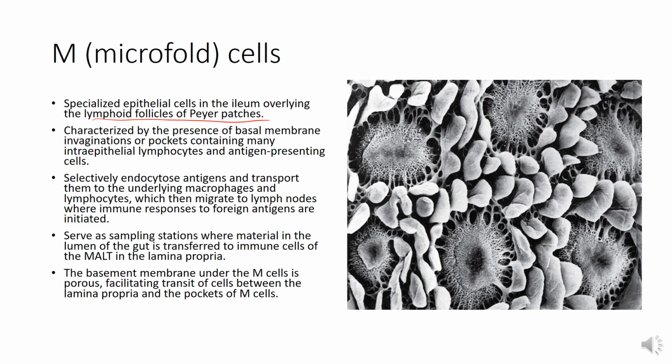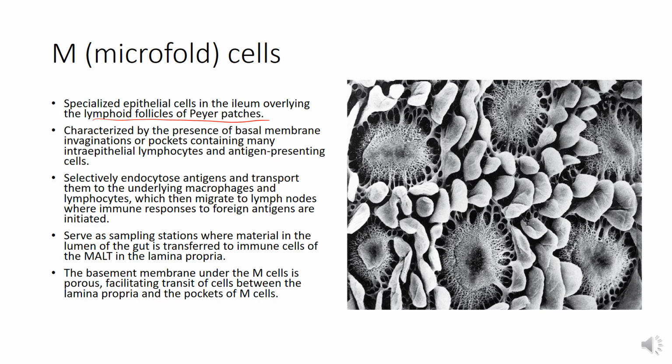Now, when ordinary tissue sections are examined under a light microscope, M cells appear as broad, flat cells having dome-like apices. When examining under a high magnification microscope, these cells show two important structural features. Their free surface exhibits microfolds, and their basal plasma lemma is invaginated to form deep pockets or recesses.